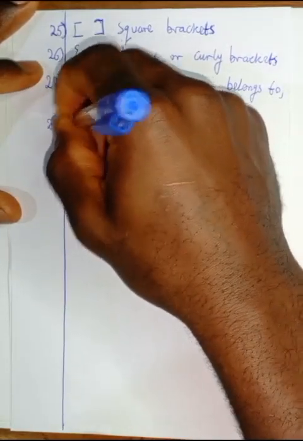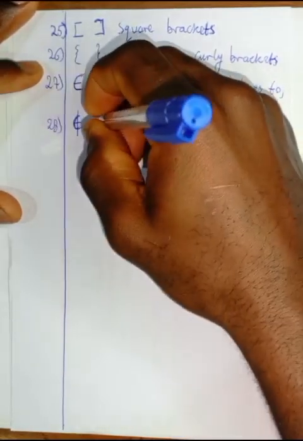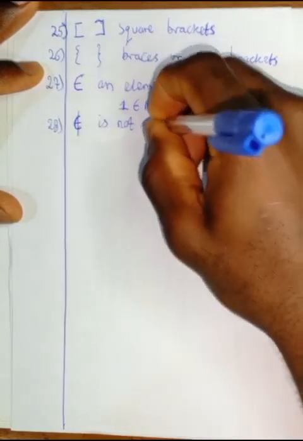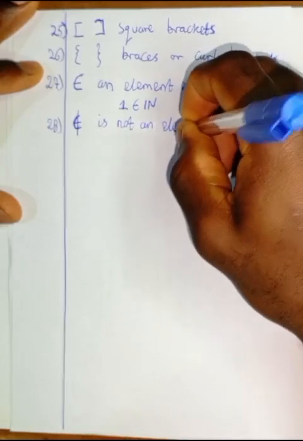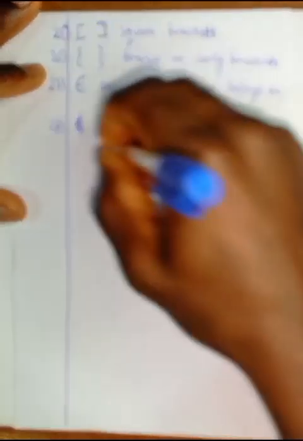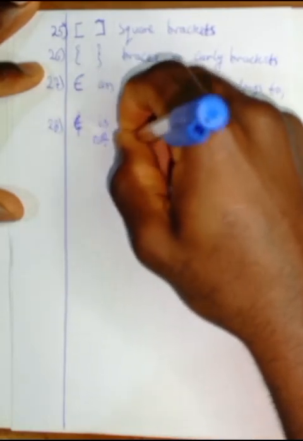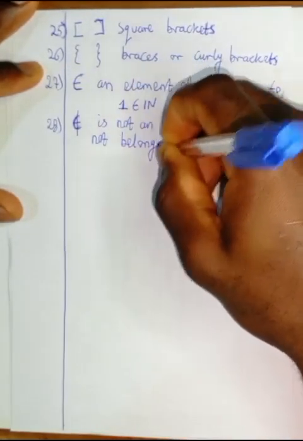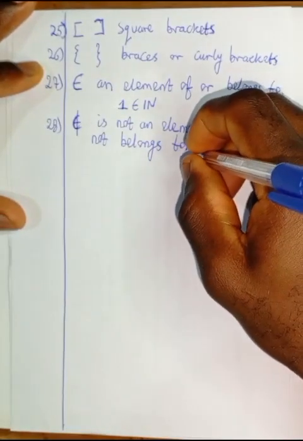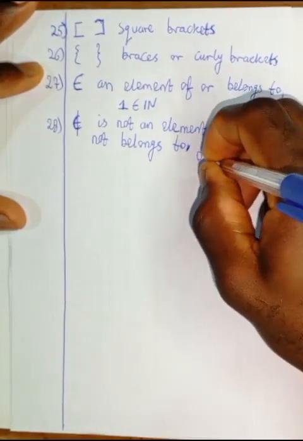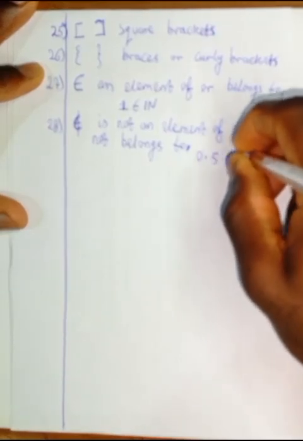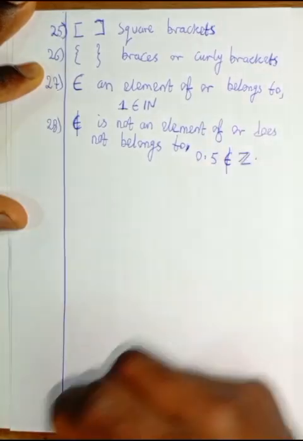We have this other symbol which stands for is not an element of, or does not belong to. For example, we know 0.5 does not belong to the set of integers.